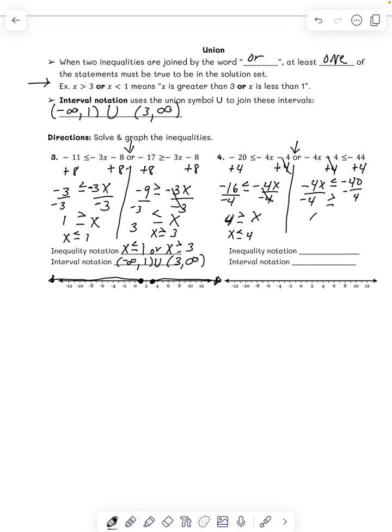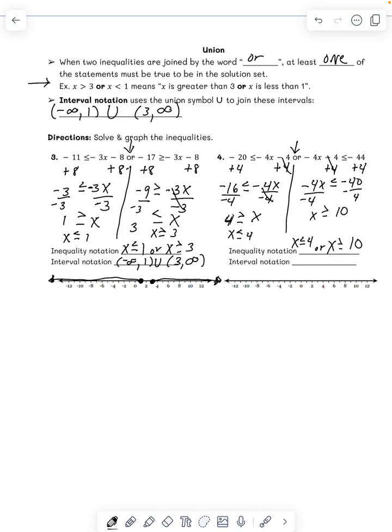So I'm going to end up with x, let me write this a little bit lower, is greater than or equal to 10. Just like that. So here I know that x is greater than or equal to 10. And I also know that x is less than or equal to 4.